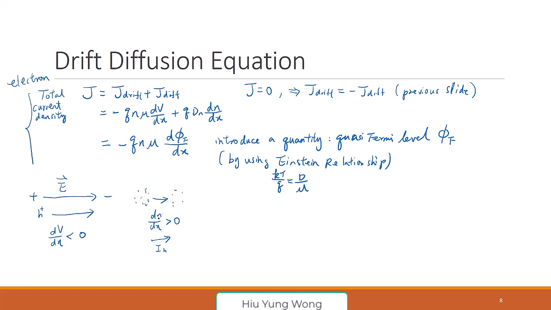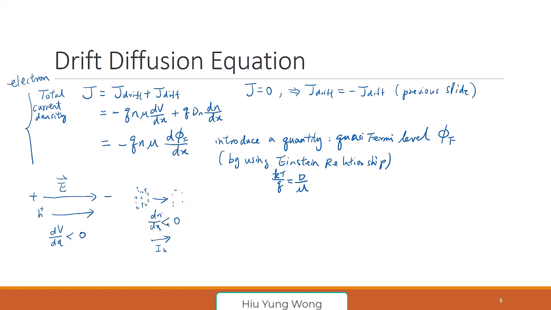What is dN/dx? Can you tell me what is dN/dx here? Is it positive or negative? I have a lot of hole here. Very few electron here. Is it positive or negative? Does the concentration increase when you go to right or decrease? The concentration becomes smaller when you go to the right. So dN/dx is negative.